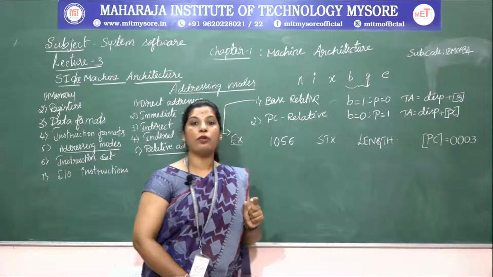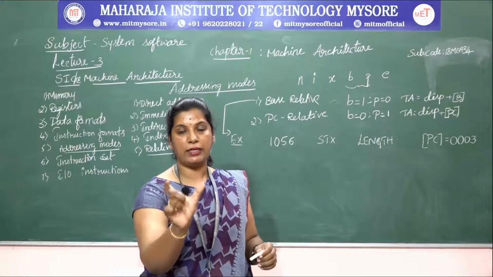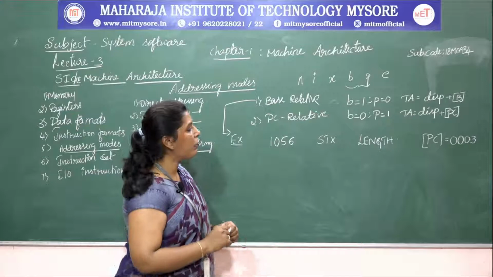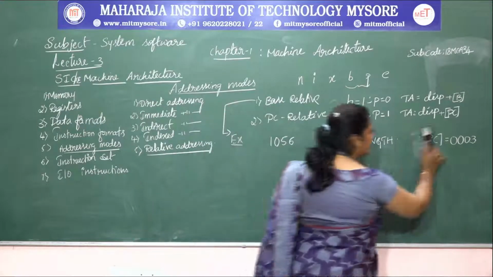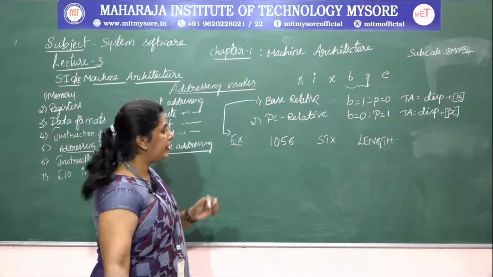That displacement value we cannot fit in the 3 hexadecimal digit field in that instruction format. Hence we are going with base relative addressing mode. I will take some more examples in a later session.